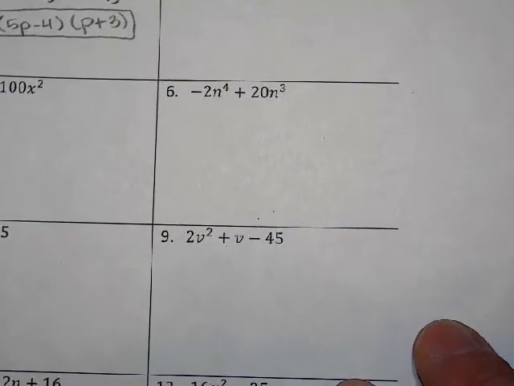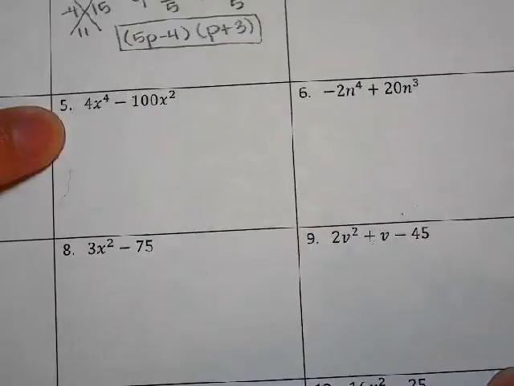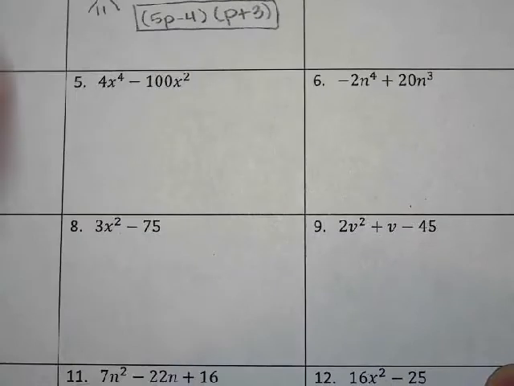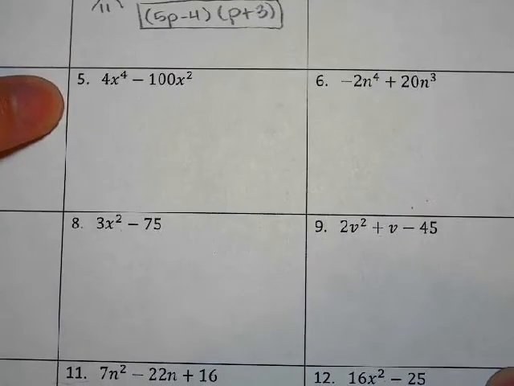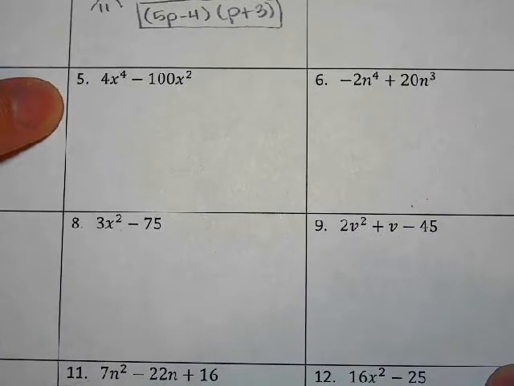Can anybody find a difference of squares problem? Number 5, okay. Is number 5 only difference of squares, or does it have something else too? Does it have GCF?